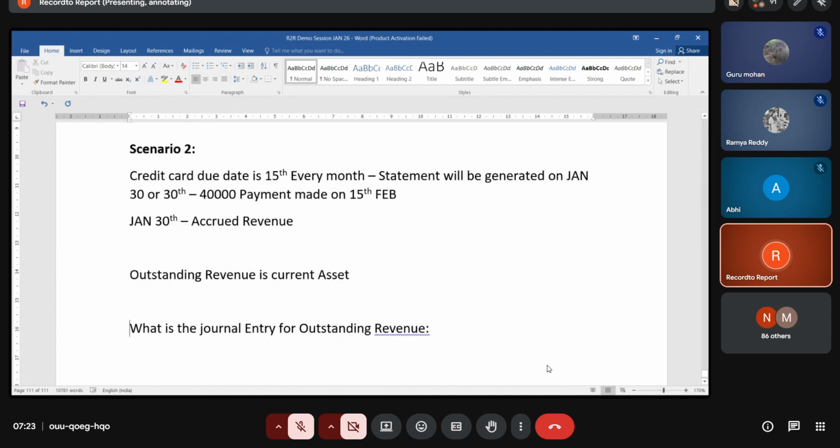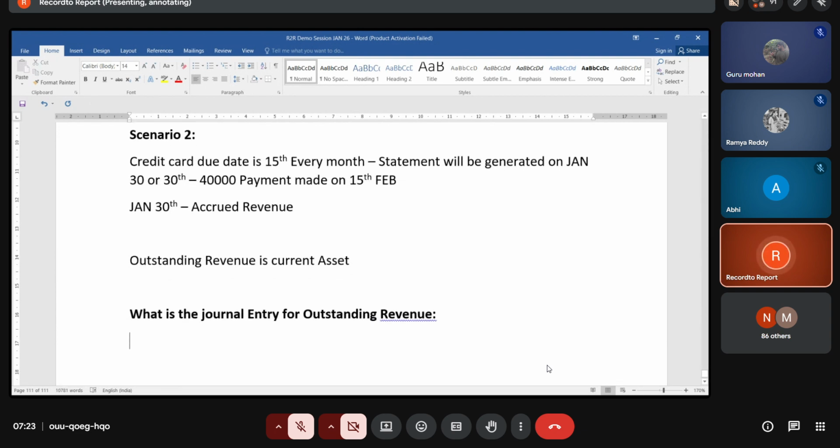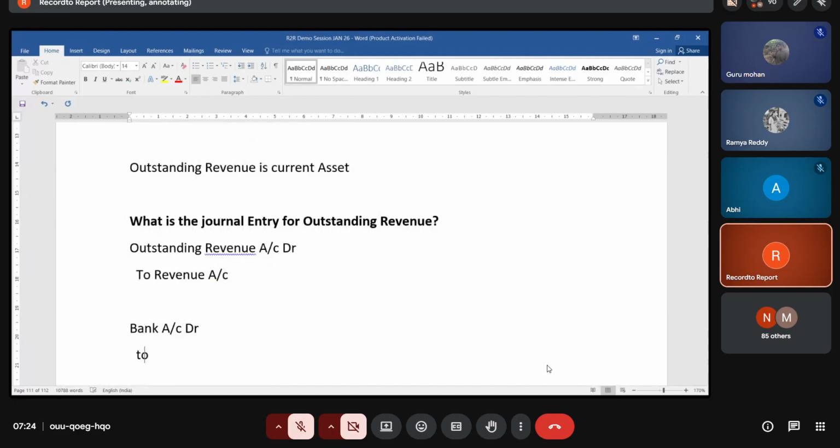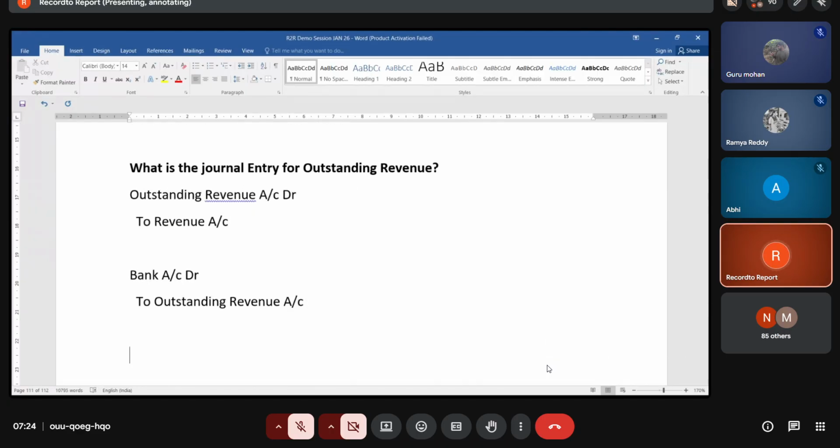Outstanding revenue account debit to revenue account. Once we receive the money, bank account debit to outstanding revenue account.